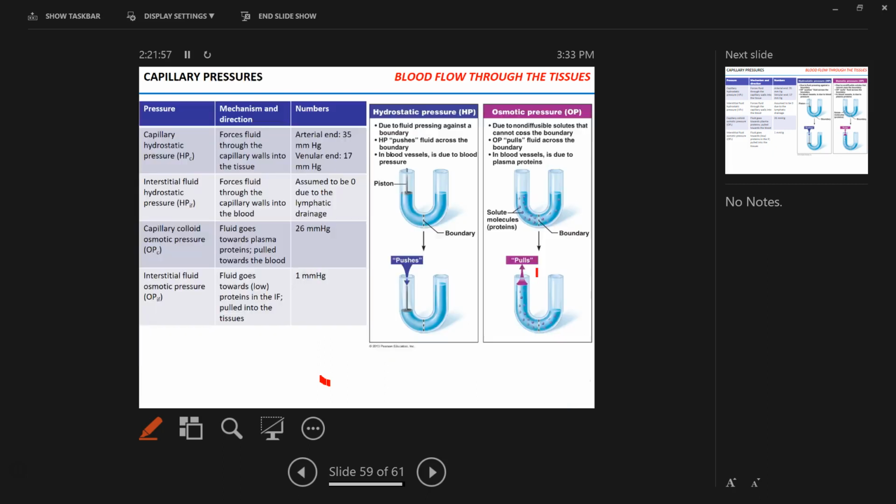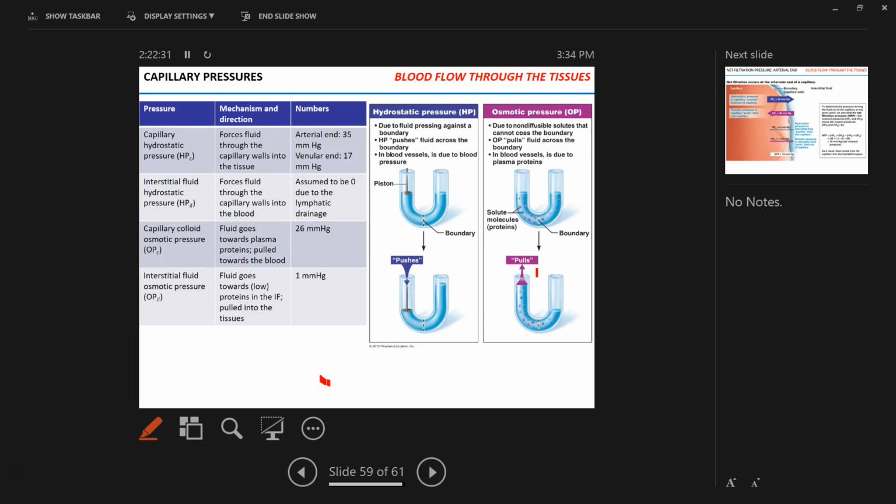Okay? Now, imagine that you have a membrane, a filter, of sorts. How would you drive the fluid through the filter, through the membrane? What do you need to apply to a fluid? Pressure. Transport of fluids across the capillary wall is guided by pressure. Does that make sense? First, we're going to talk about hydrostatic pressure.